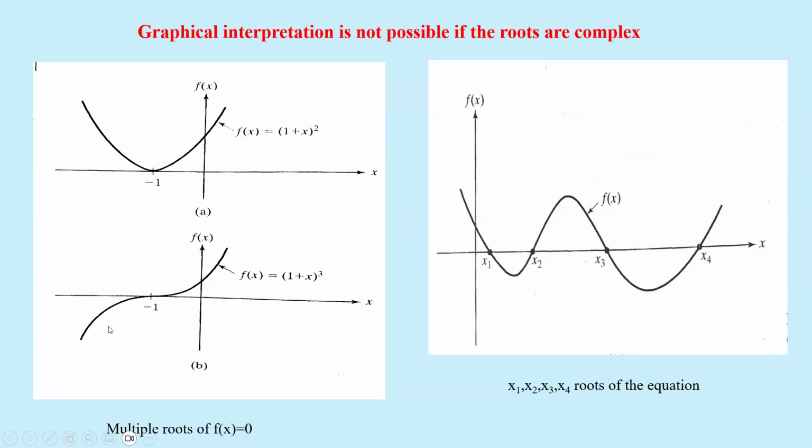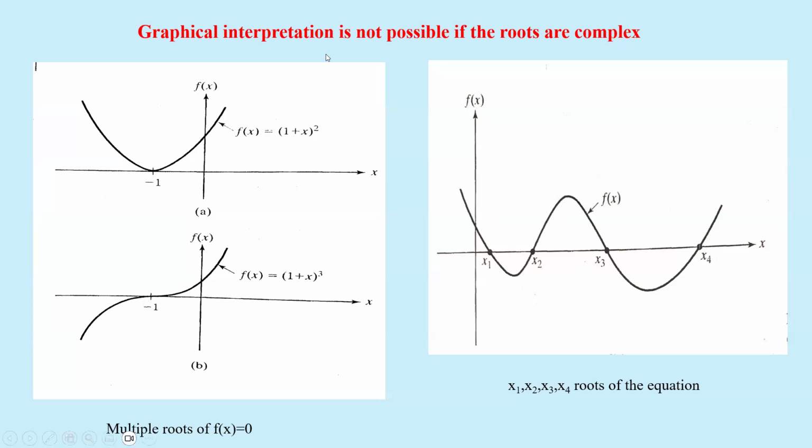Also for this function, the function touches the x-axis at -1, and we can say -1 is the multiple root for this function. How about this function? As you can see in this graph, f of x crosses the x-axis at different points, and x1, x2, x3, and x4 are the simple roots for this equation.